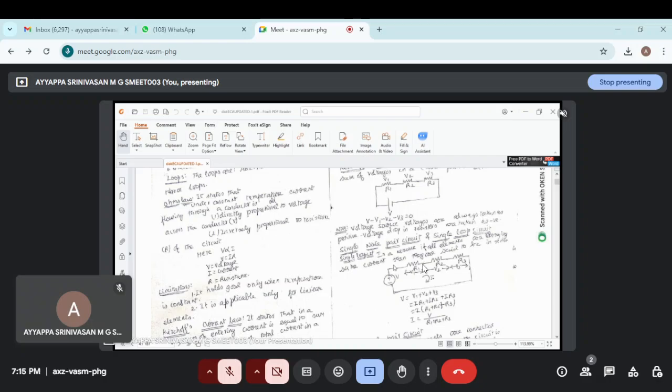The current is given by I, voltage is given by V. So current is directly proportional to voltage across the conductor, and current is inversely proportional to the resistance of the circuit. Current I is inversely proportional to R, the resistance. Current I is directly proportional to voltage V. So I is equal to V by R, or V is equal to IR.